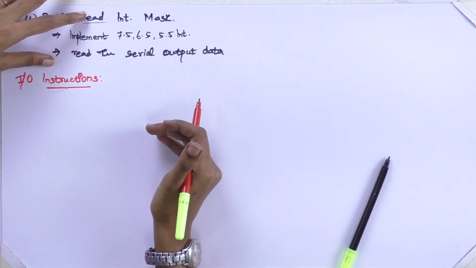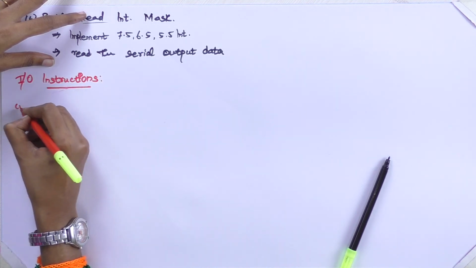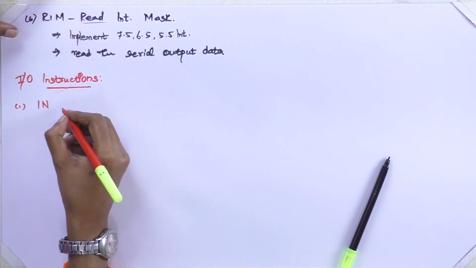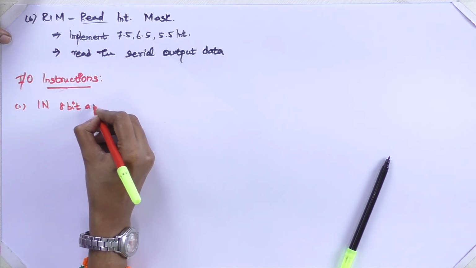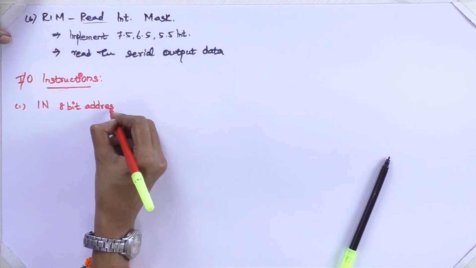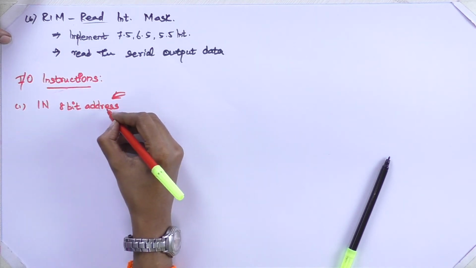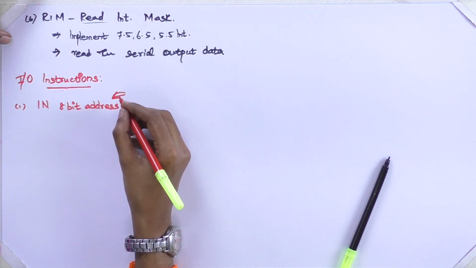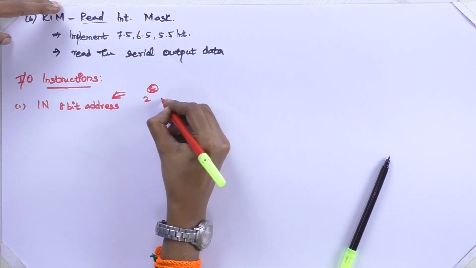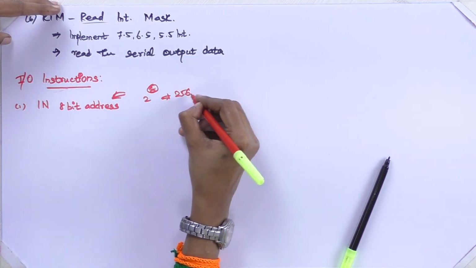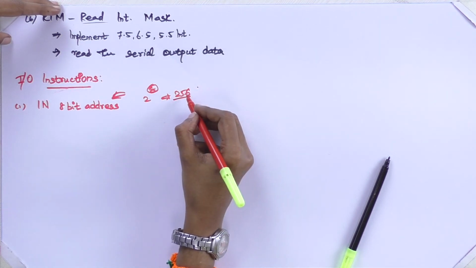Okay, we will see it with an example. IN is the instruction. With that you have to give the 8-bit address. Okay, so why is it 8-bit? This we have discussed in the features itself. One of the features is that 2 power 8 will give you how many input output ports we have. So that is 256.